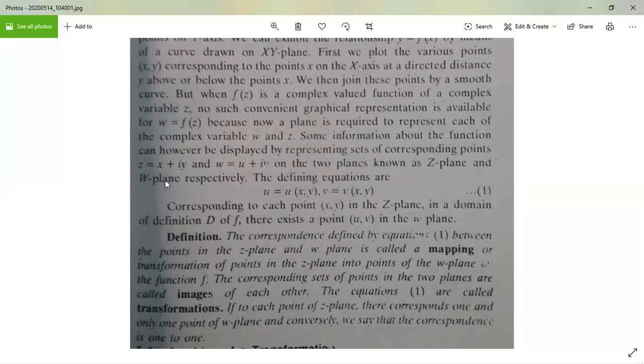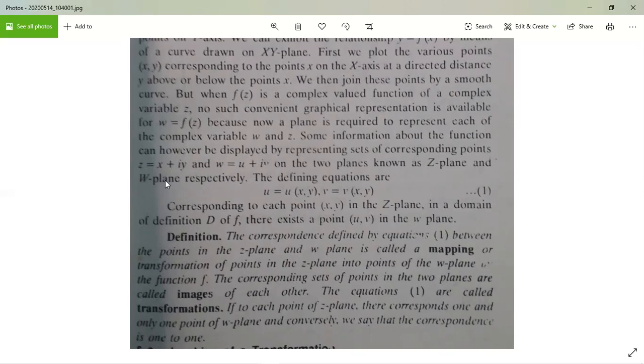as we define the function in real line system, or we can say real analysis, there the function is defined in the real number system, in which we have to take two axes, x and y axis.